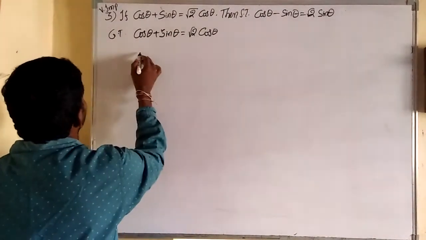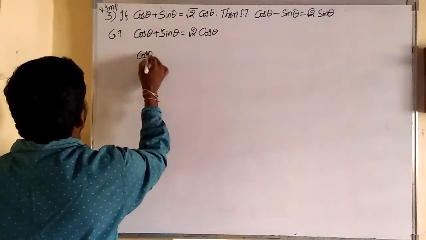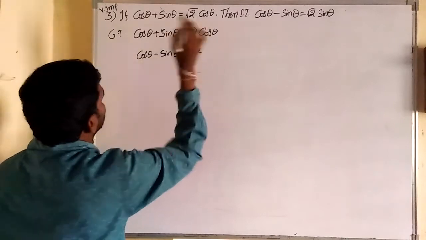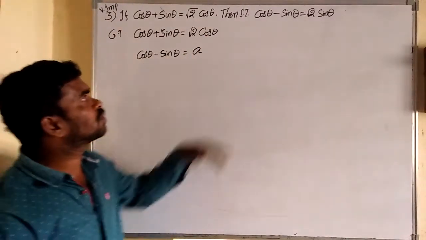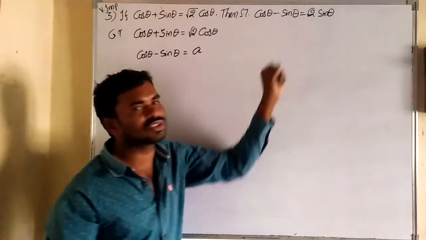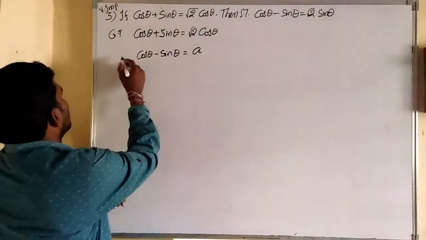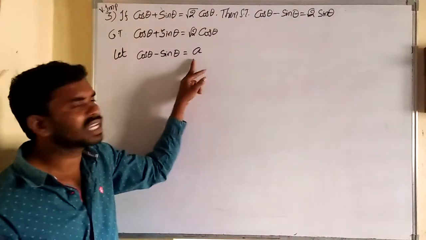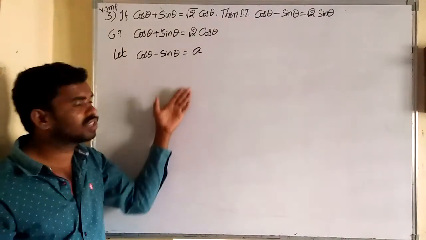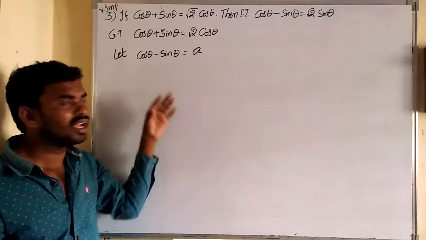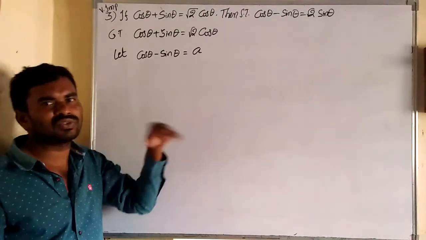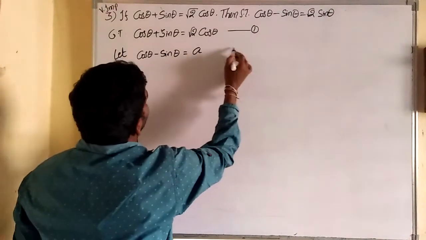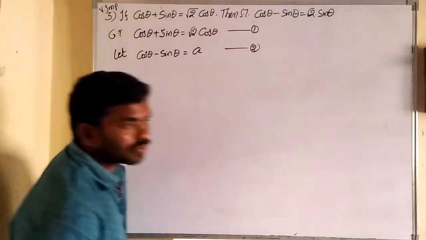Immediately, let us take cos theta minus sin theta is equal to A. Because we should prove that cos theta minus sin theta is equal to root 2 sin theta, but I am taking this cos theta minus sin theta value as A. We have 3-4 questions in the same model. If you understood this one, the remaining 2-3 questions you can solve. I am taking this as equation 1 and this as equation 2.